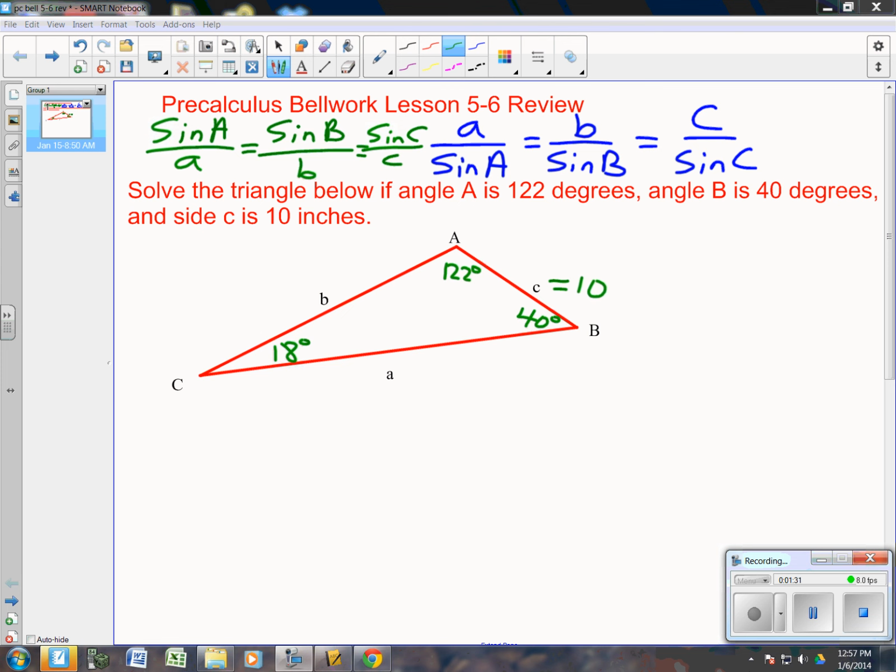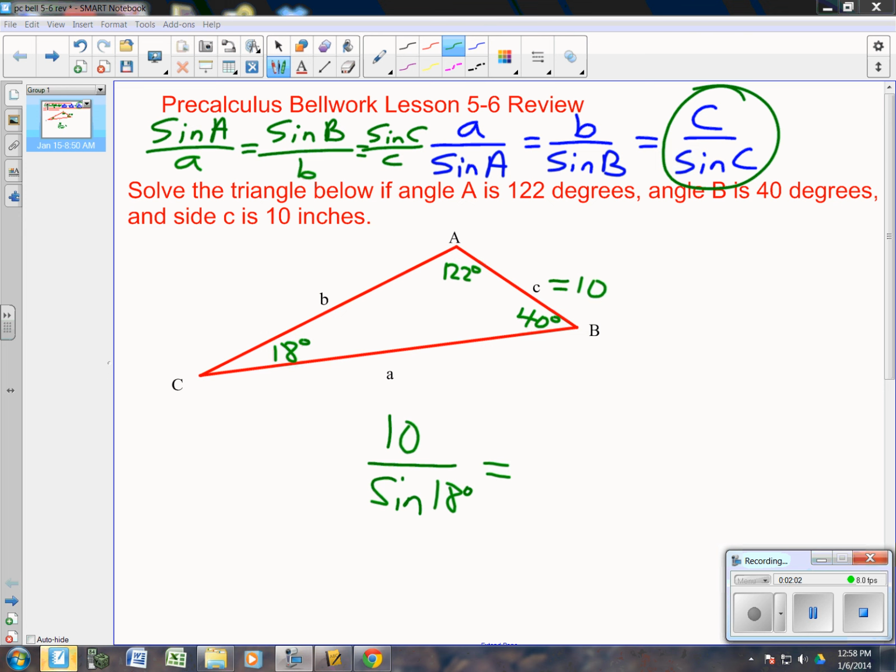Okay, so what I want you to see right now, we know angle C and side C. We know them both, right? So that is the ratio I'm going to use, because I know both the side and the angle. So I'm going to go side C, which is 10, over sine of angle C, which is 18 degrees, equals, and it doesn't matter, do I want to find side A or B?